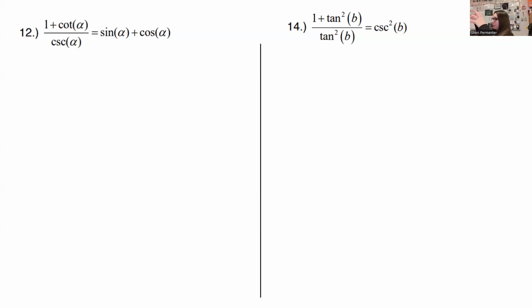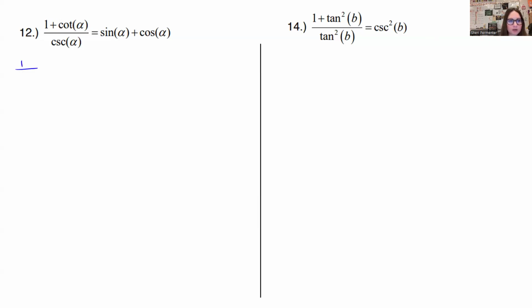We're going to take a fraction and we're going to split it up. And so if I have 1 plus cotangent on the top, it is the same thing as 1 over cosecant plus cotangent over cosecant. So that's what I'm going to do, is just split that top fraction.